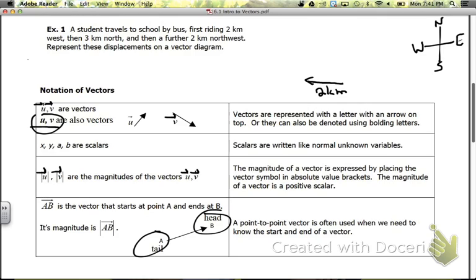Then it tells us we go 3 kilometers north. So straight up we go north, and that there is 3 kilometers. And then our last part here is 2 kilometers northwest. We don't know exactly how the vector would be going, if it's going to be further north or further west, so we just go in our northwest position here at 2 kilometers. So that is how we should draw our displacement on a vector diagram.